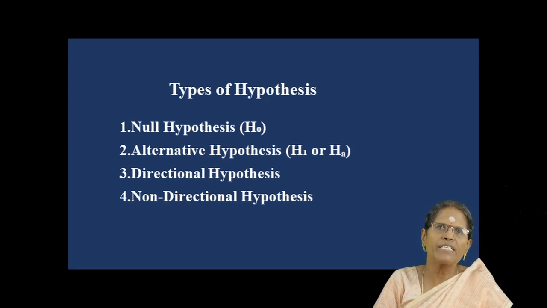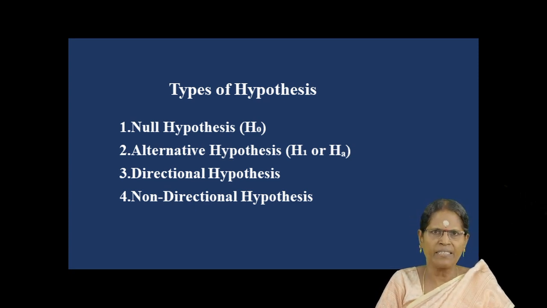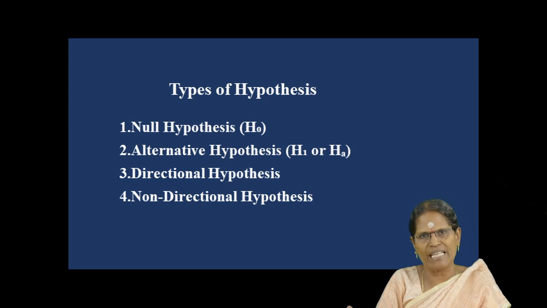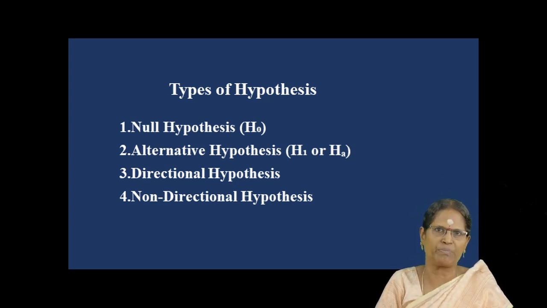The null hypothesis states that there is no relationship between the variables under the study. Let me say again that there is no relationship between the amount of advertisement expenditure and the amount of sales volume.